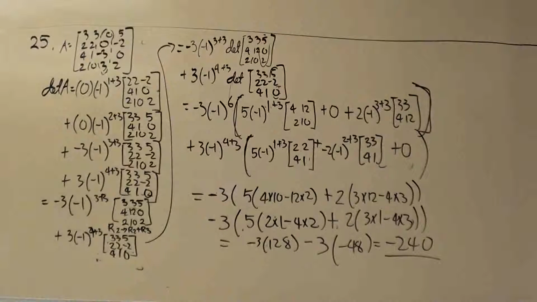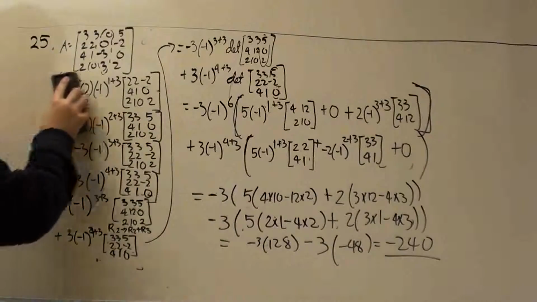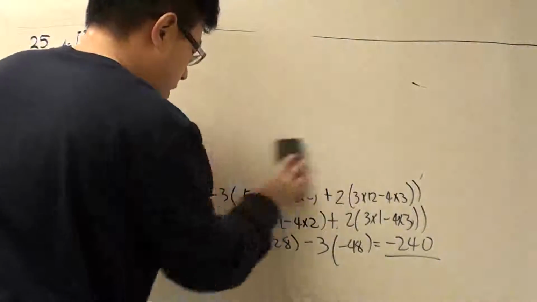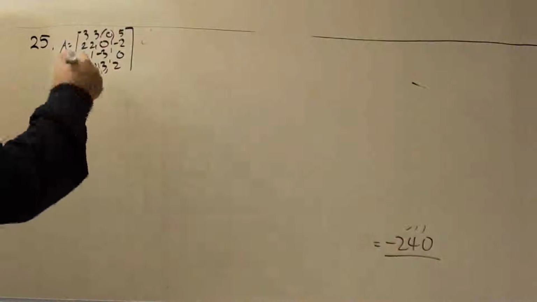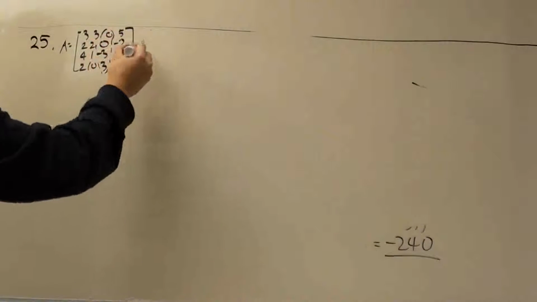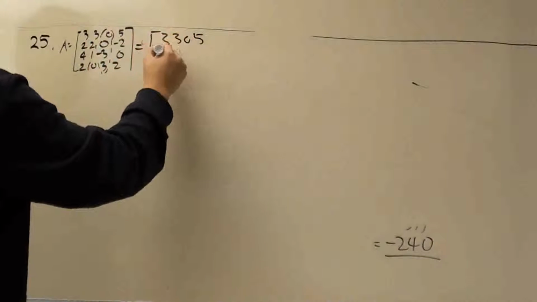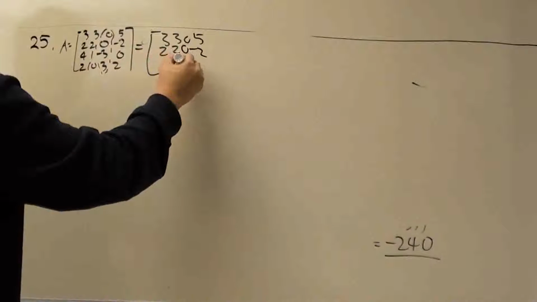Now that I actually know a better way, let's see if this makes it easier. It should still give us the same answer, -2 or 40, right? So I'm actually going to try to do that right here. I'll leave the answer just to make sure. What I could do is say this is 3, 3, 0, 5, 2, 2, 0, -2. I have to get rid of 1, so it's going to be 0 and 3.